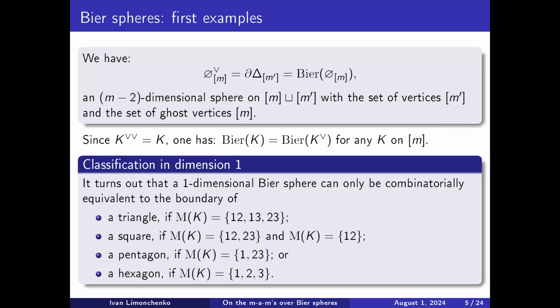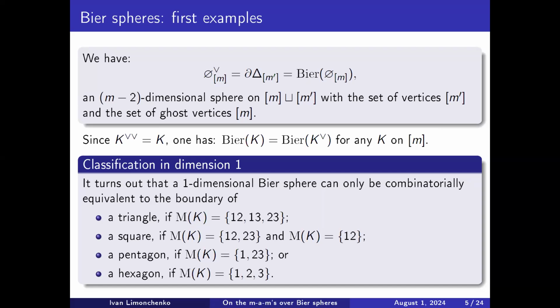So continuing with our first examples, here is the complete classification of Bier spheres in dimension 1. Since it's always an (m-2)-dimensional sphere, we should take m equals 3. And if we take m equals 3, the only possibilities up to Alexander duality will be listed here.